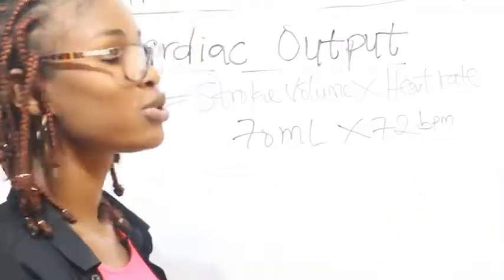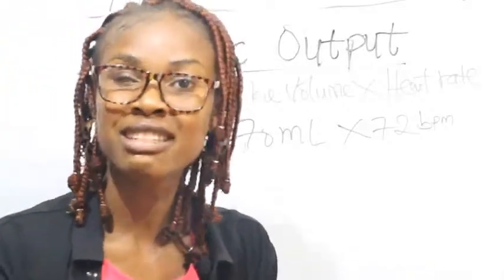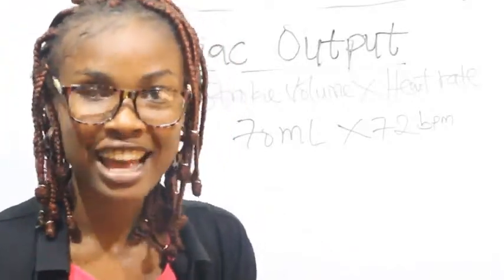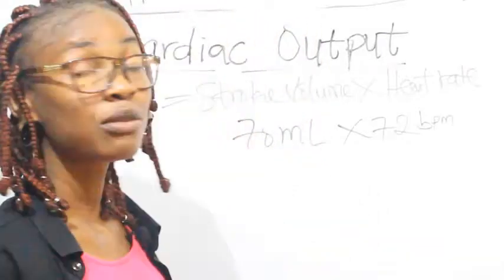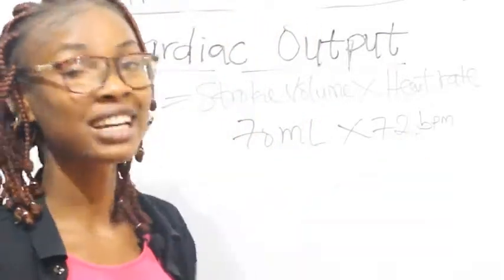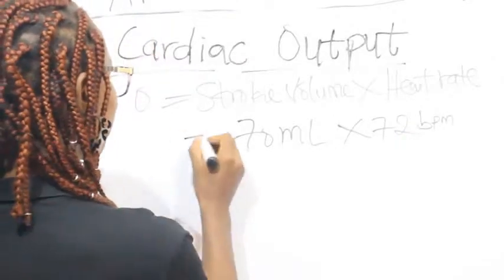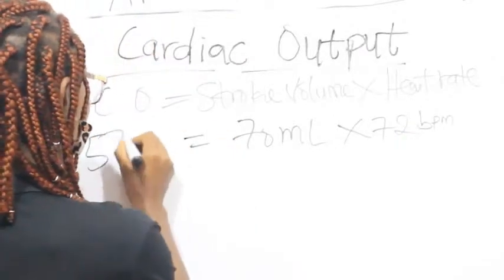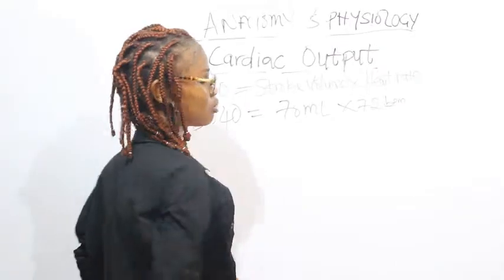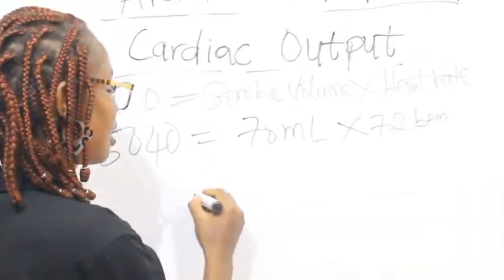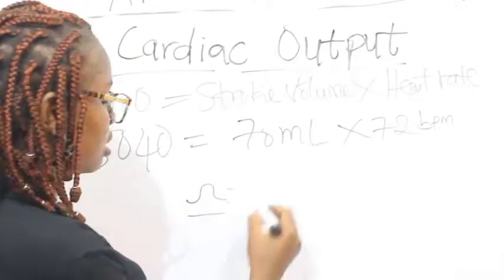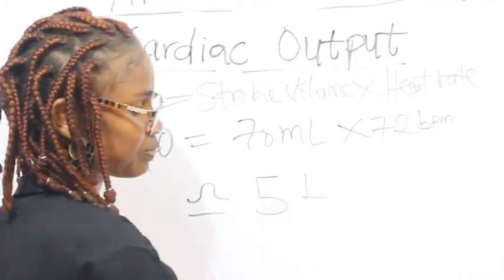So, if I have 70 ml of blood and I have a container pouring it in 72 times, it is going to give me the cardiac output, which is approximately 5 liters.